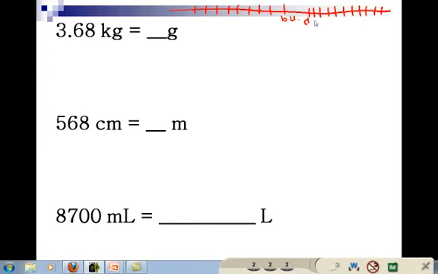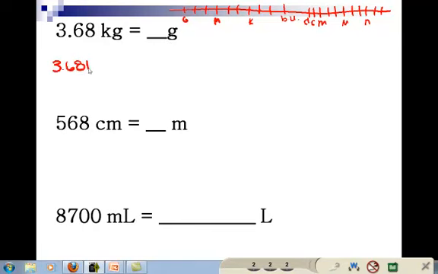This is deci, centi, milli, micro, and nano. And kilo, mega, and giga. Okay, so now what we're looking at is this. If I've got 3.68 kilograms and I want to know how many grams it is, here's how you must set this up.